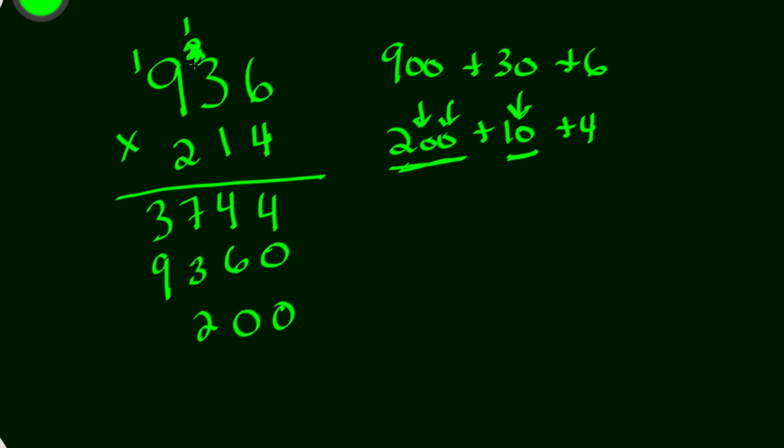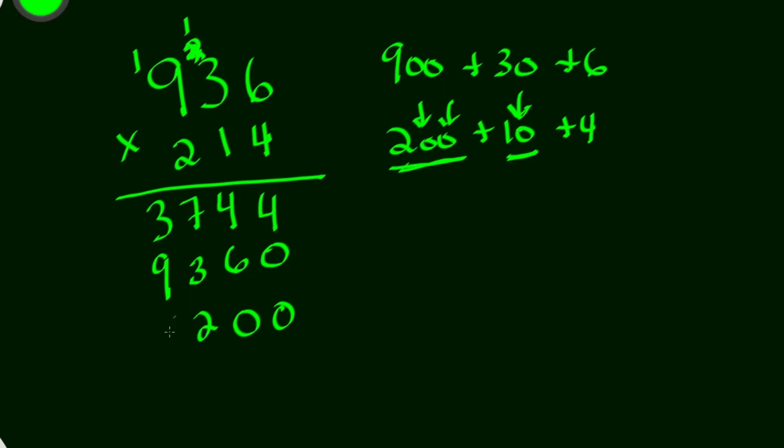And I add the 1 up there. So the 1 and then the 200. That makes 1200. 200 times 6 is 1200. Okay?